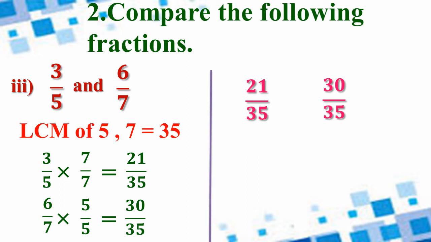We already know that the fraction with the greater numerator is greater and the smaller numerator is smaller. So 30 by 35 is greater than 21 by 35. So 6 by 7 is greater than 3 by 5.